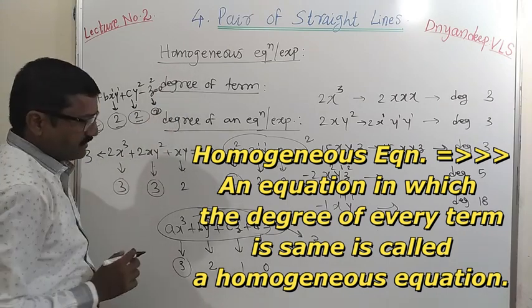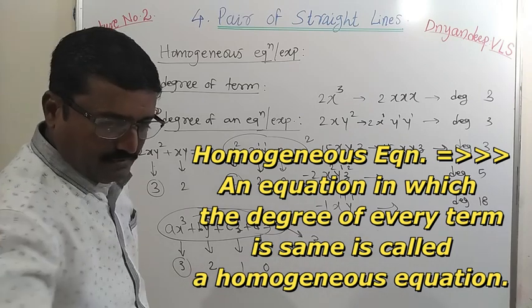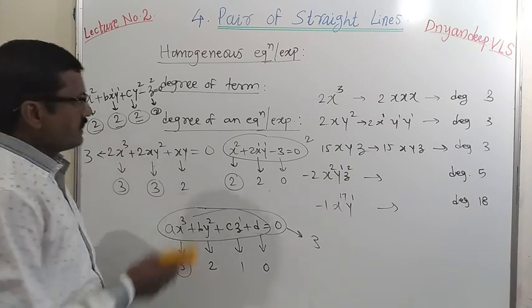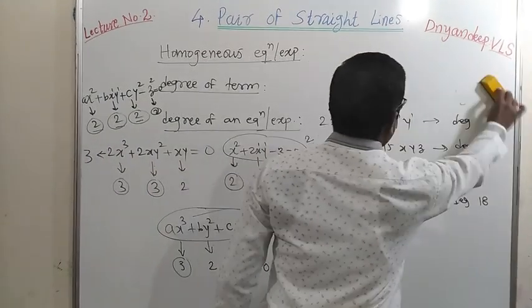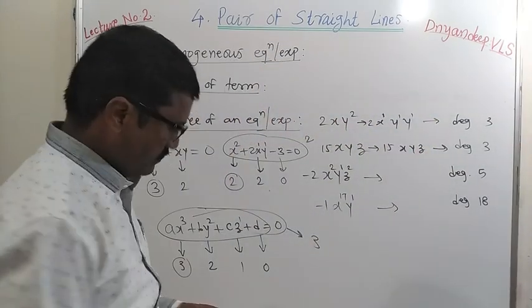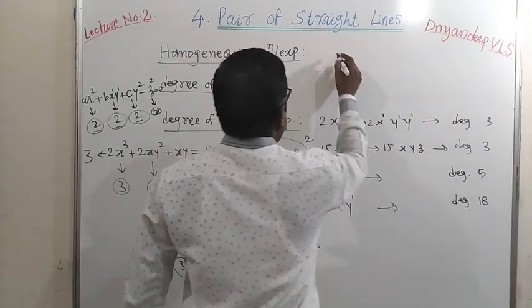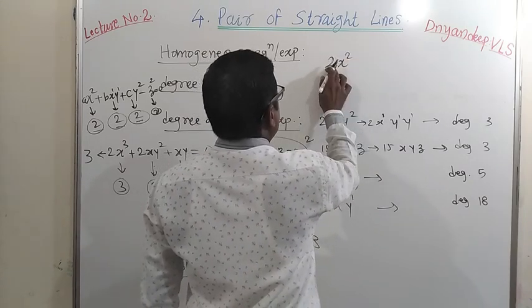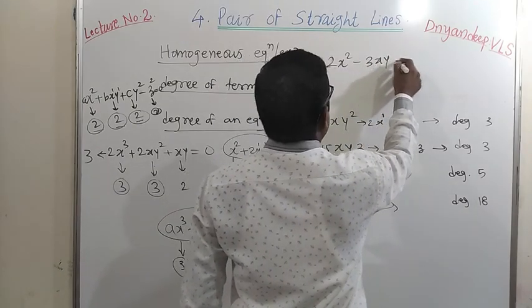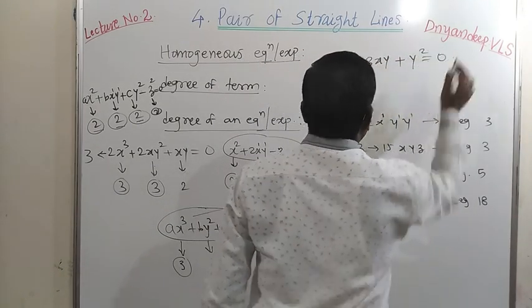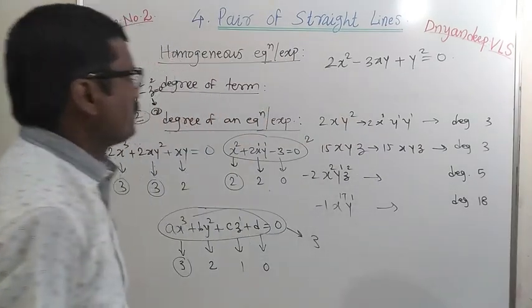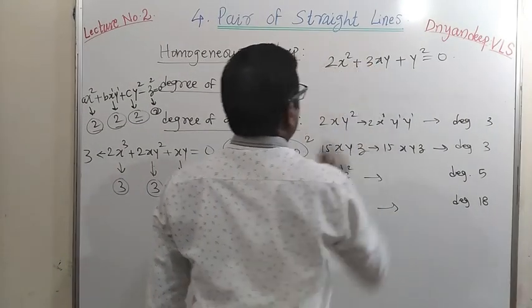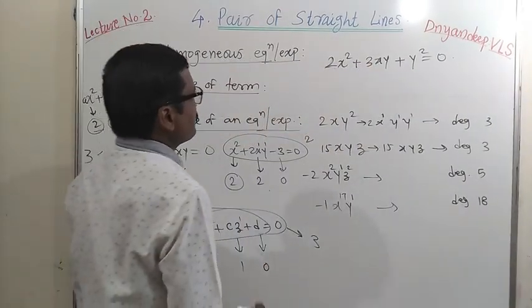Okay, so remember this. Now in our previous article we have learned the combined equation of pair of lines. Let us write one combined equation of pair of lines. Suppose 2x square plus 3xy plus y square equal to 0.